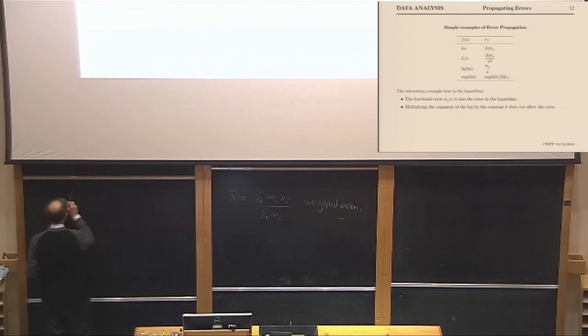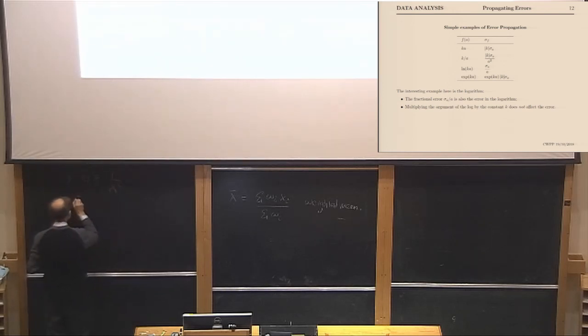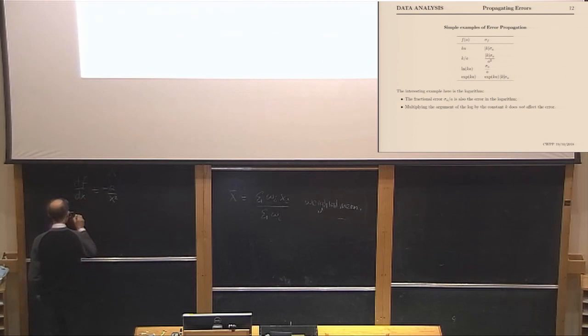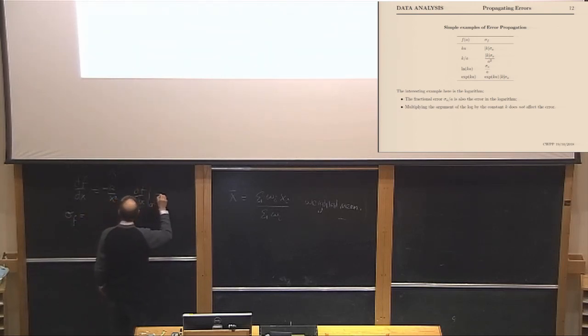So f of x is k over x, and then df/dx is minus k over x squared, and that tells us that sigma f is, so df/dx evaluated at a is minus k over a squared.